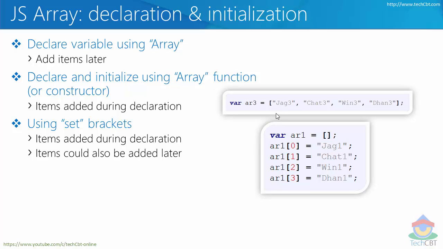Again, it is not necessary to provide all of those values at the same time as the declaration. You can also define something like this, which means this array is empty. But you can add as many elements as you want over time. So there is no real reason to provide the length of the array. You can just put empty square brackets, and later add as many elements as possible.